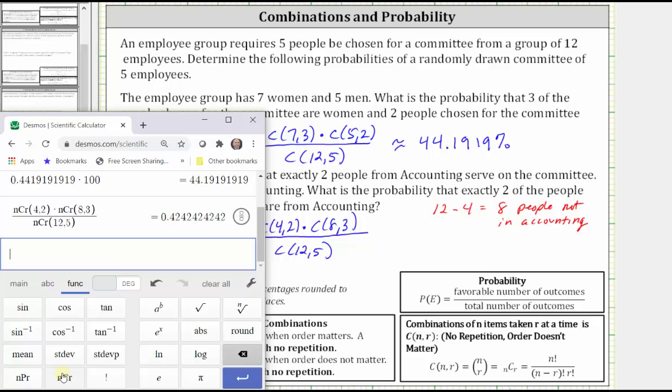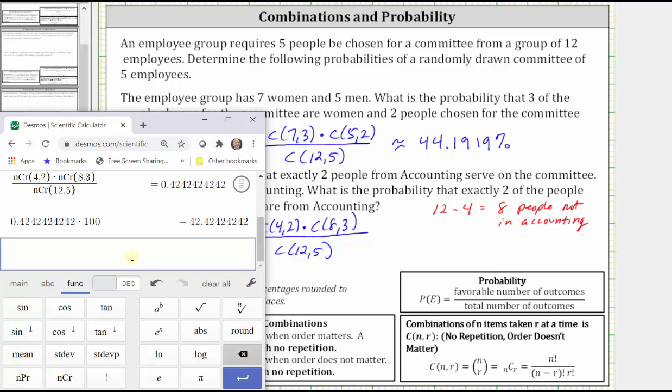To convert the decimal to a percent, let's multiply by 100, and then we add a percent sign. We're asked to round to 4 decimal places. Because there is a 4 in the 4th decimal place, we round down to 42.4242%.